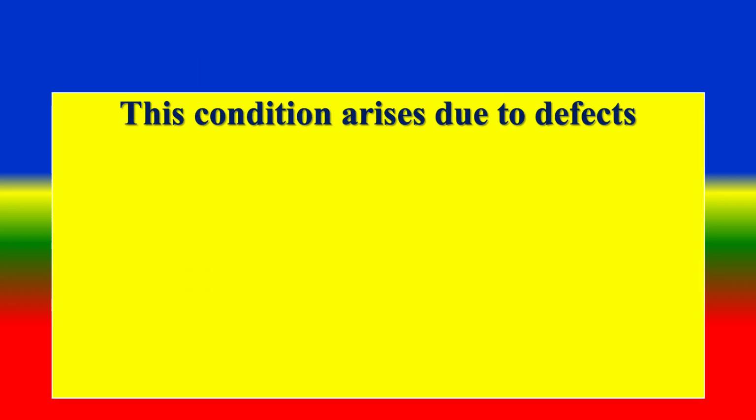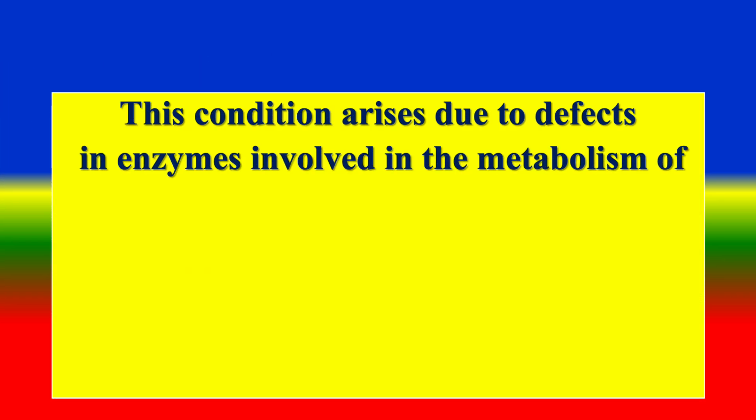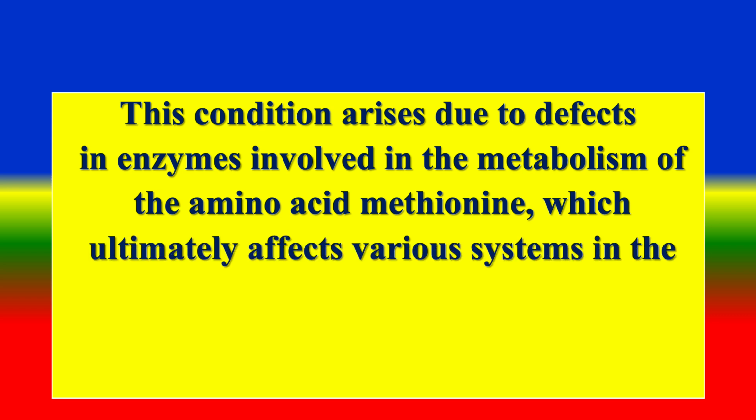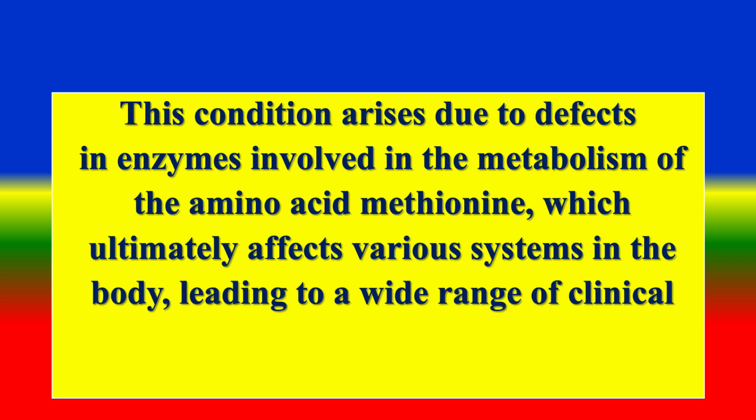This condition arises due to defects in enzymes involved in the metabolism of the amino acid methionine, which ultimately affect various systems in the body, leading to a wide range of clinical manifestations.